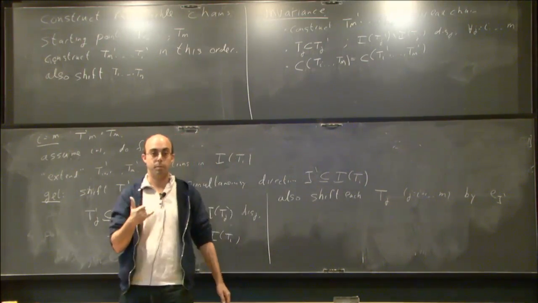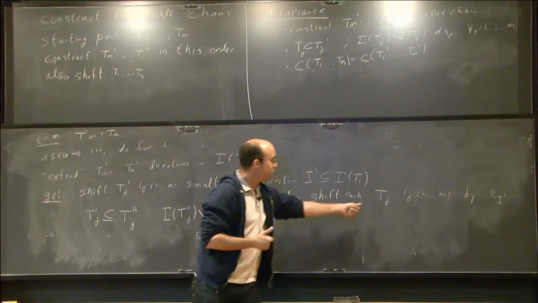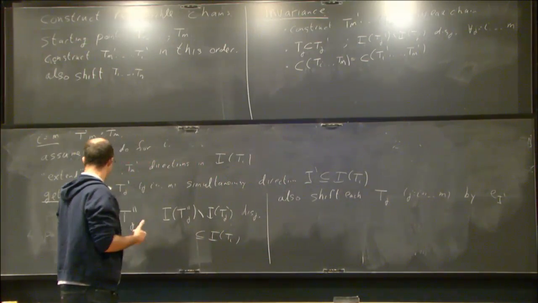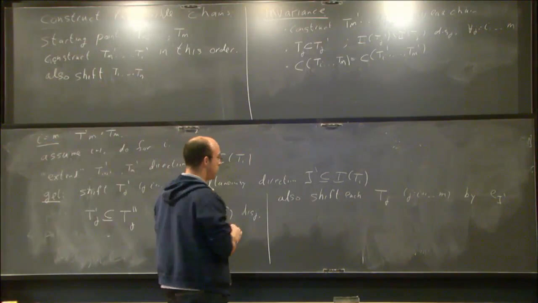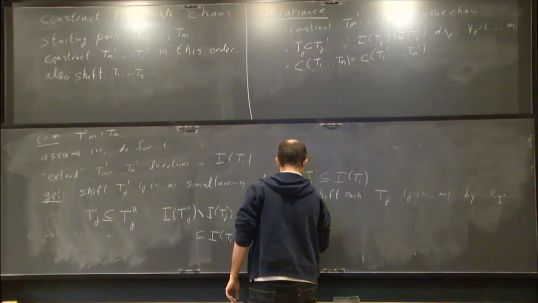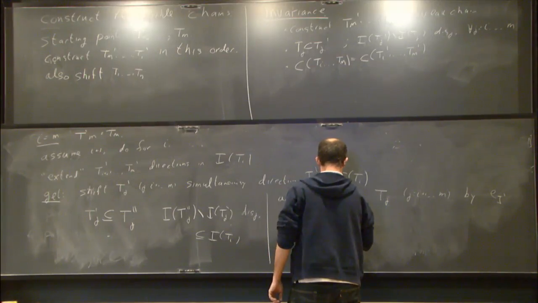So this maintains the property: we shifted T_j and T'_j by the same shift, so they still contain each other. And I want you to note that T_1 up to T_m is still a chain.